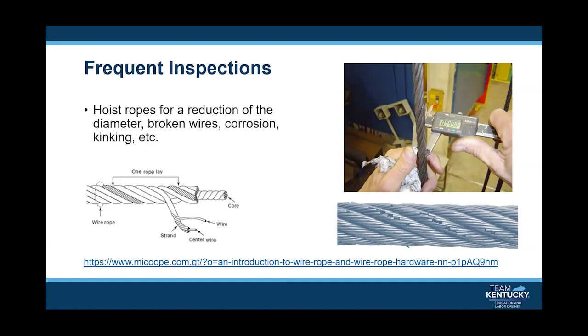That being said, I recommend employers use the no more than 5% of the nominal diameter that is used in Part 1926 for construction.